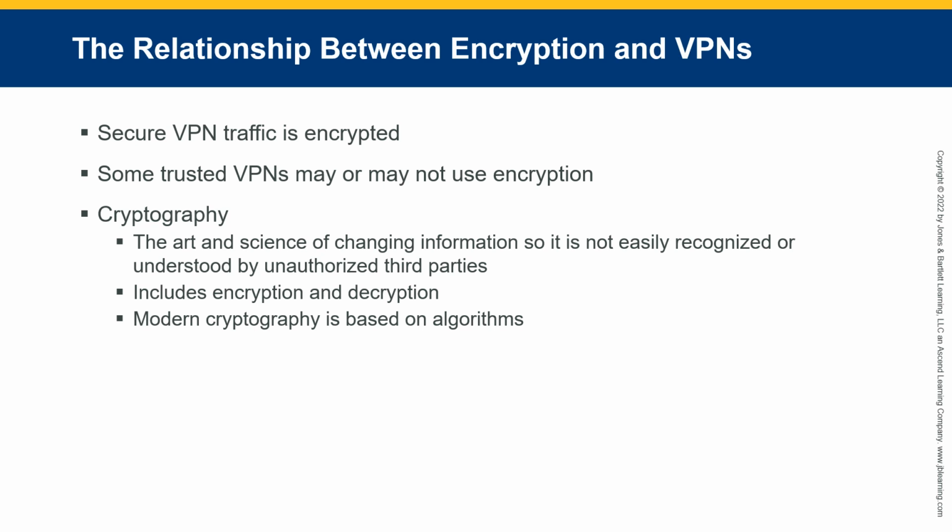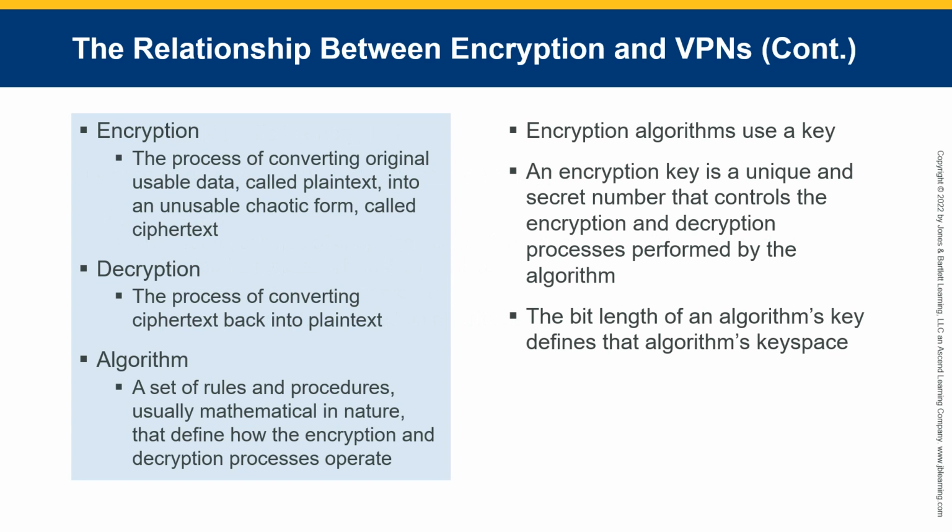So cryptography includes methodologies of encryption and decryption, and modern cryptography is now based on mathematical algorithms like AES or RSA and a few other things like that. So let's look at encryption.